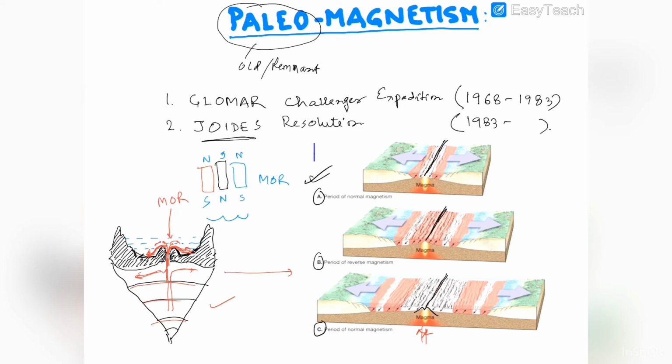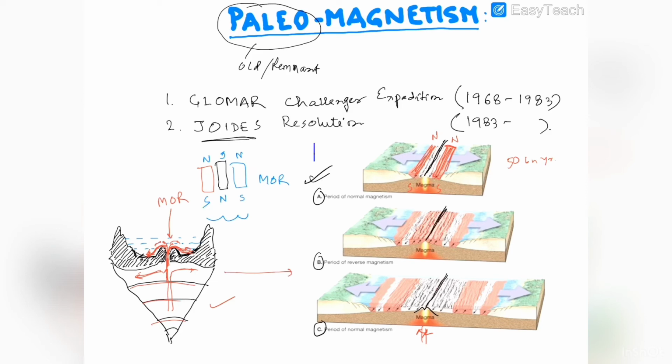When the first lava flow occurs, they have denoted it with red. This is the first lava flow. Let's say this happened some 50 billion years ago, and at that time the magnetic north was here and magnetic south was here.